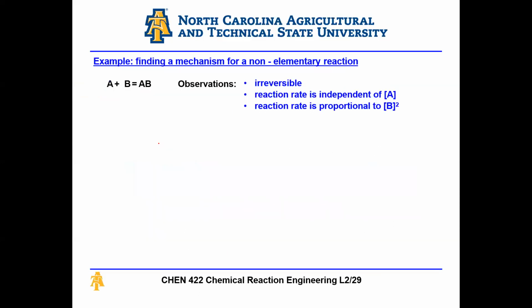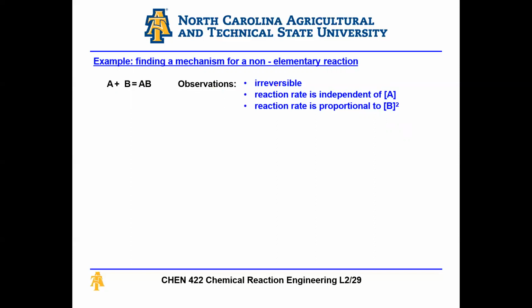So in this slide, we have a motivating example for this type of scenario. This example looks at finding a mechanism for a non-elementary reaction, okay? So let's say I have a non-elementary reaction, A plus B going to AB, and I do it in the lab and I see the following observations.